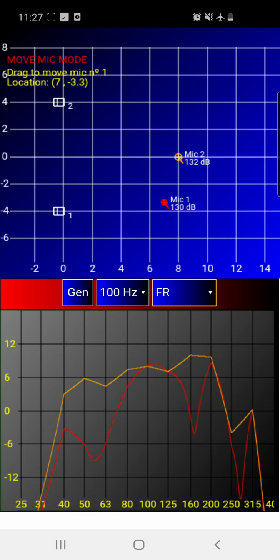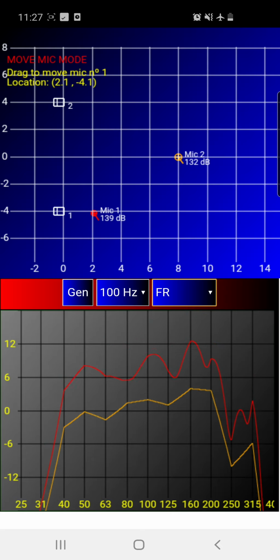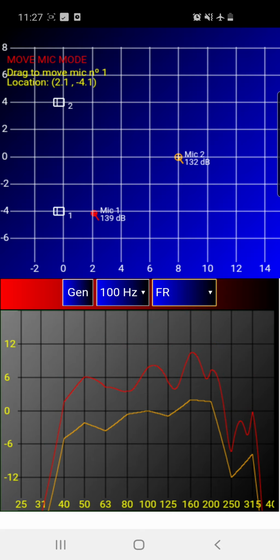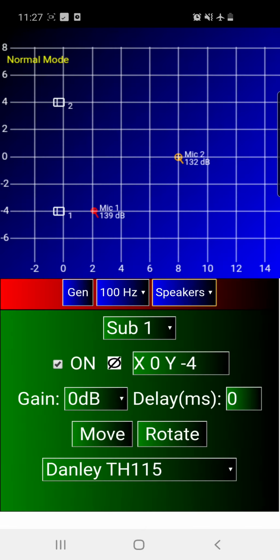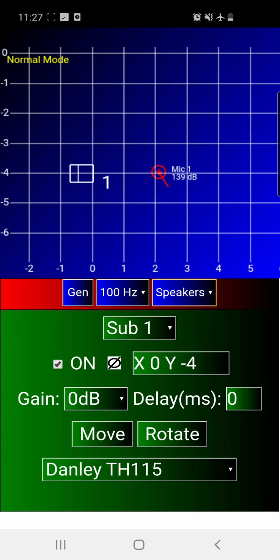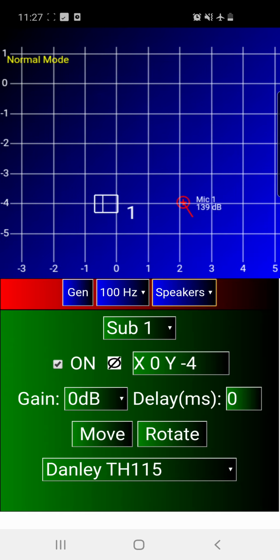Another thing that we can analyze is that, for example, if I go near to one of the sides, I will have a kind of even response. The red response is kind of even. It's kind of similar to microphone number 2. Okay, this is because speaker number 1 is very near.